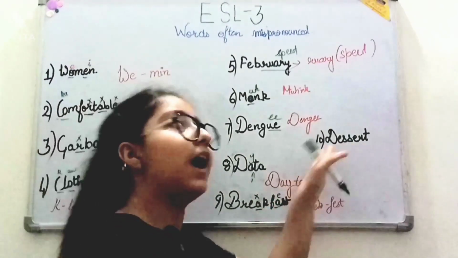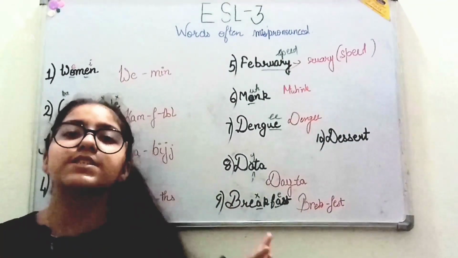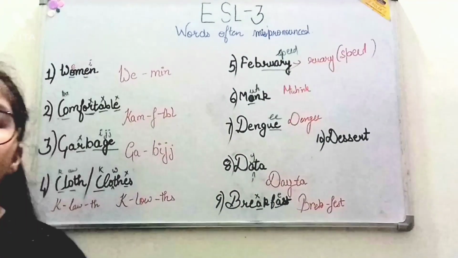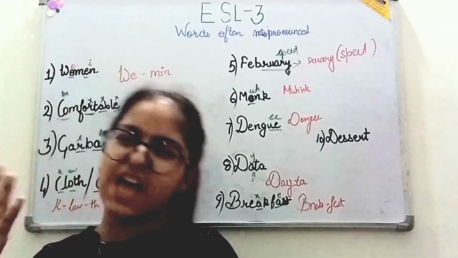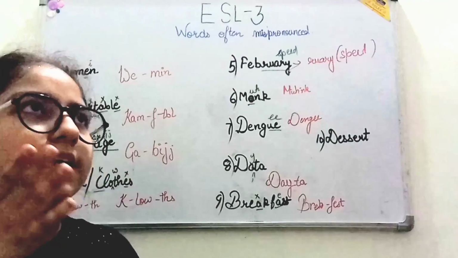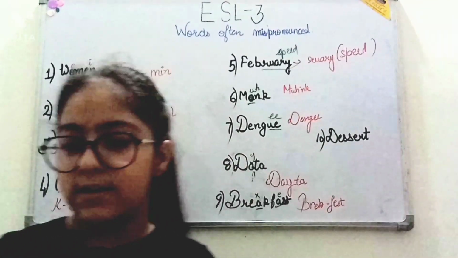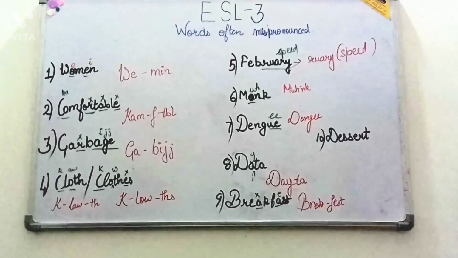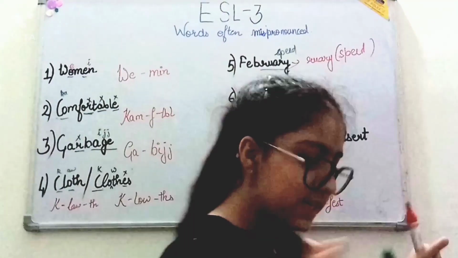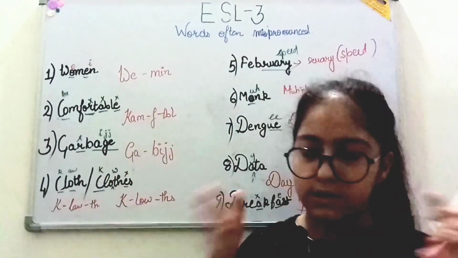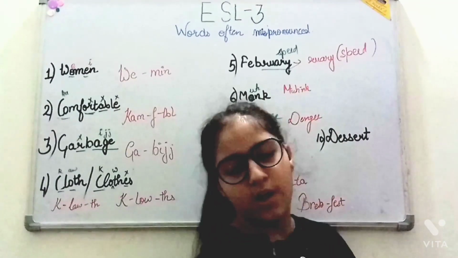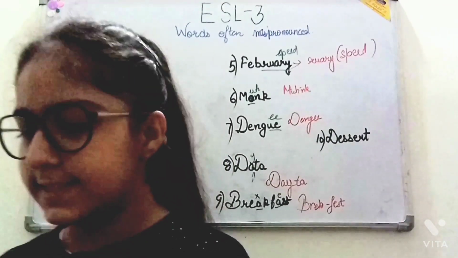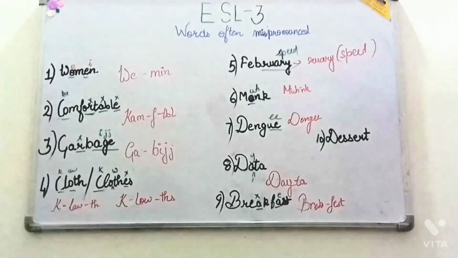Then it is the last one and the most mispronounced one, because there are two words which sound the same, desert and dessert. One is the sandy place, and this is the sweet dish. One is a sandy place and the second is the sweet dish.